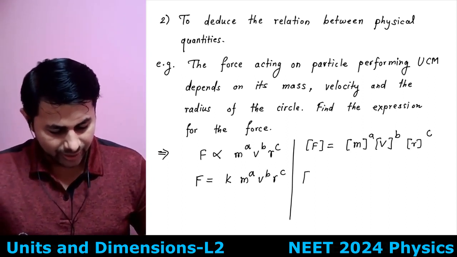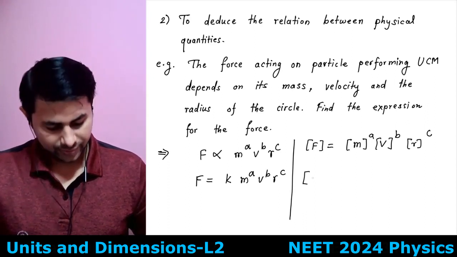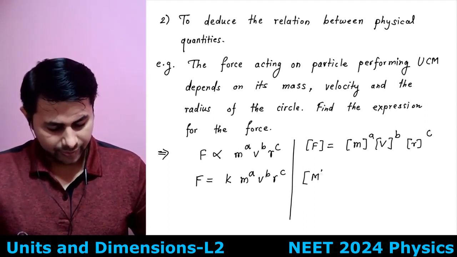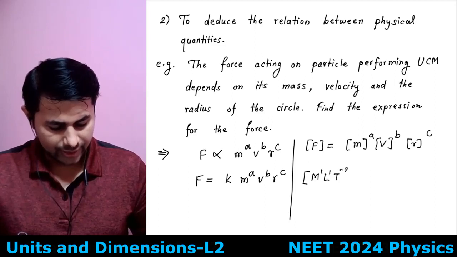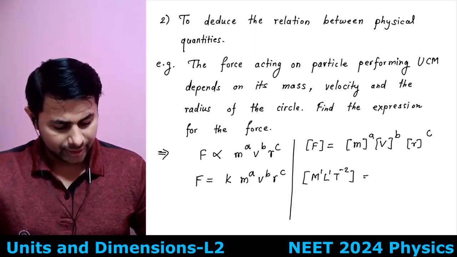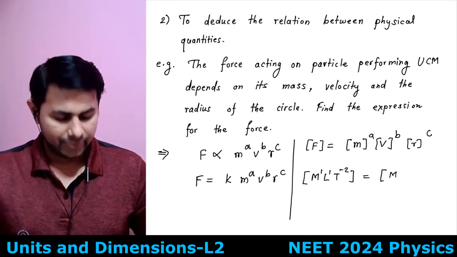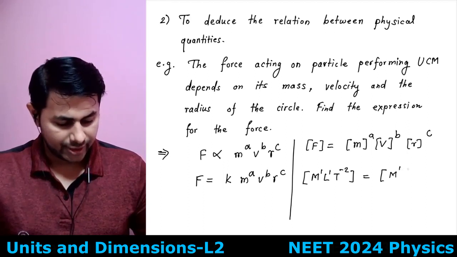What are the dimensions of F? M L t raised to minus 2. Dimensions of m are m raised to 1, so it is m raised to 1 to the power a.